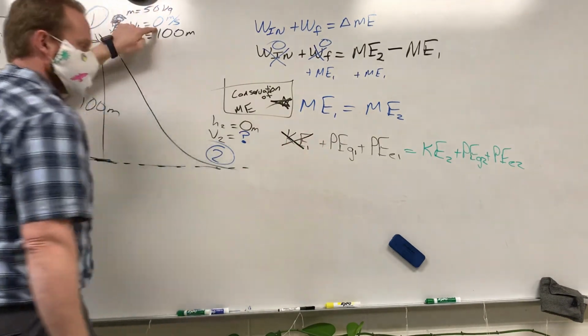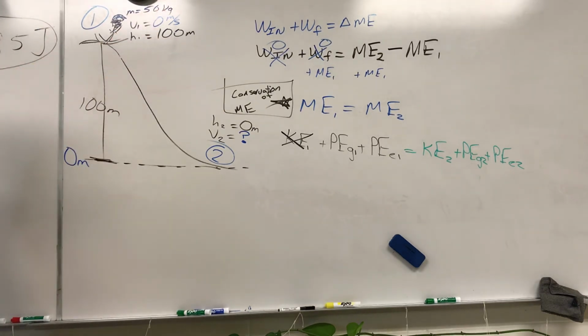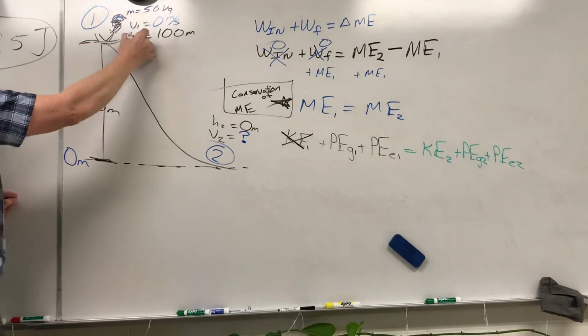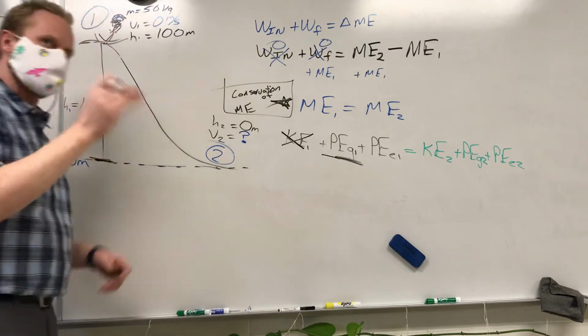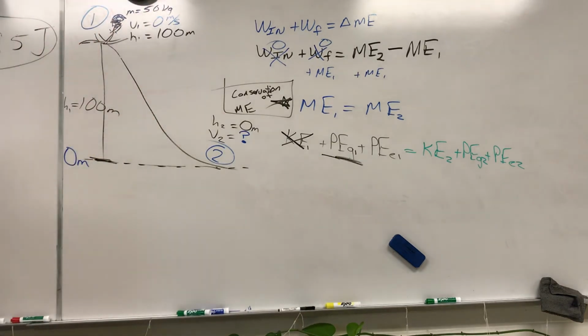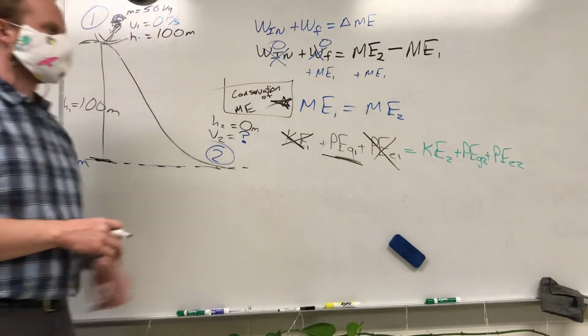No, it is not moving at location 1. Therefore, there is no kinetic energy at location 1. Is there a height at location 1? This is my height, my H1 right here. Is there a height? Yeah. So there is PEG at location 1. Is there a compressed spring at location number 1? No, no compressed spring.